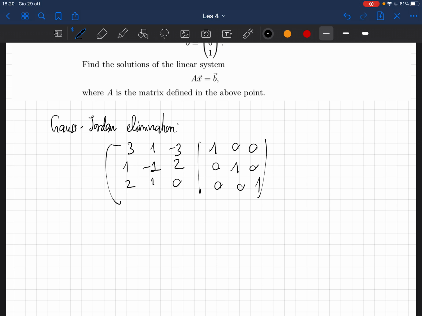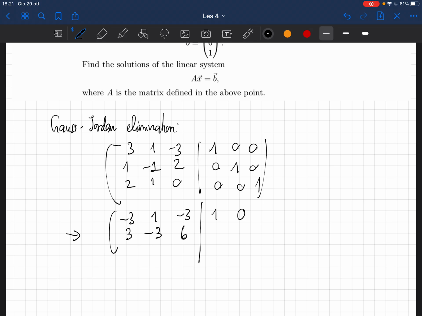So first, let's see. I have this one, and so I try to get some zeros here, and so yes, I multiply by suitable numbers the second and the third row. So I have 3 minus 3, 6.